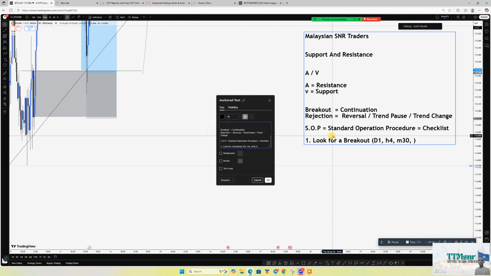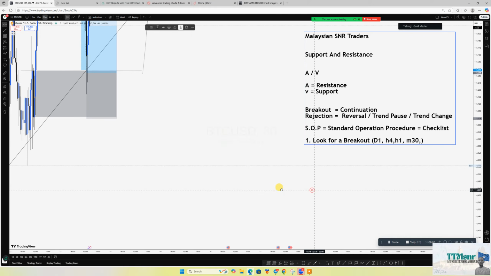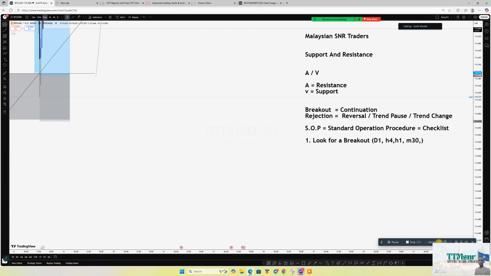But I like these three time frames, and let me also add H1, so these four time frames. You have to look for a breakout. For example, we have classic A, which is a resistance. The market breaks, that's a breakout.